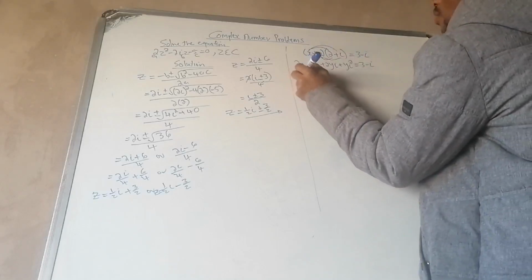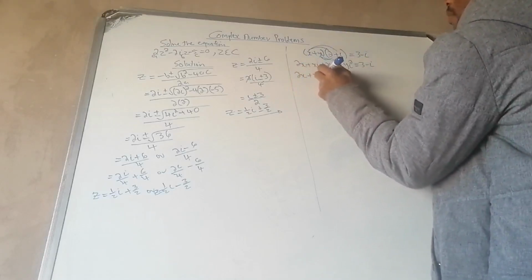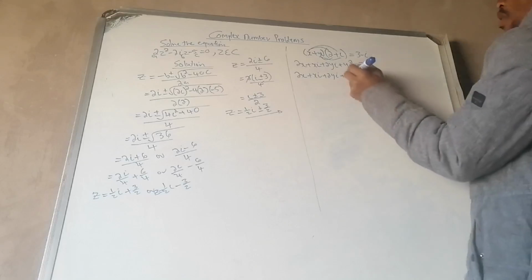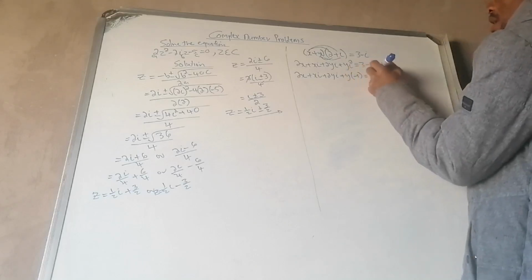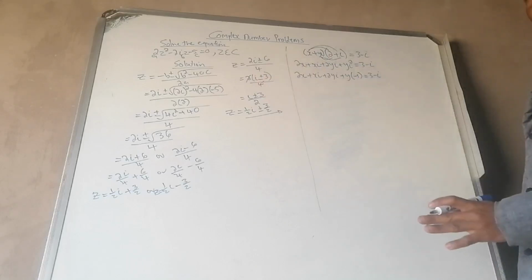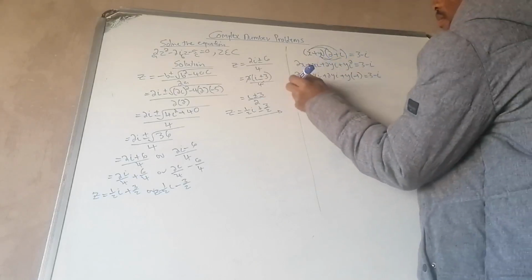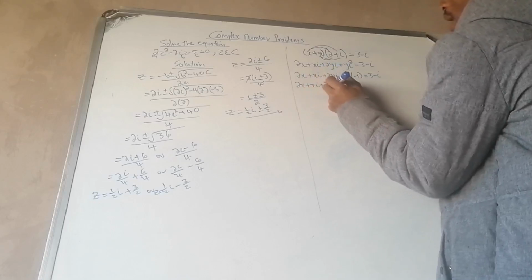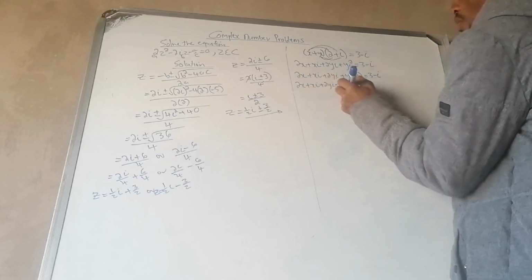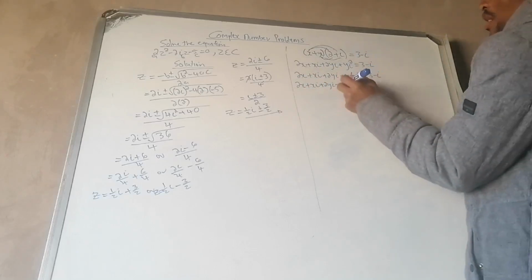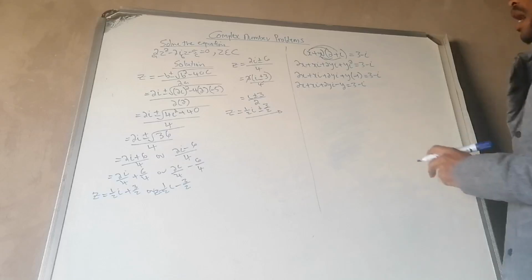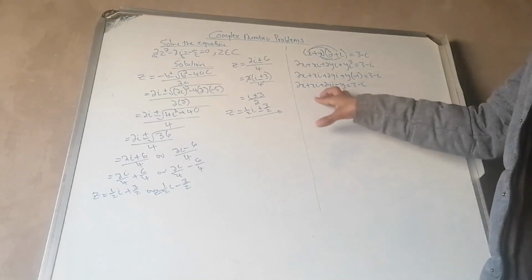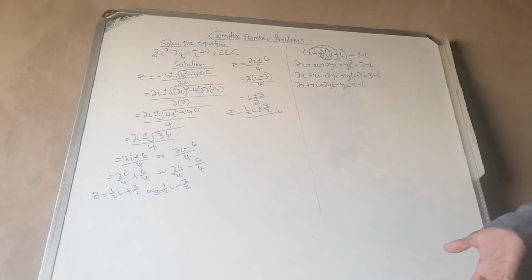So I will have my 2x plus xi plus 2yi plus y. Where I see I squared, I write negative 1, 3 minus I. Let me deal with the left hand side first. 2x plus xi plus 2yi negative y, very important, equals 3 minus I. Can you see that even if you take this to the side, there's no way you are going to simplify that?